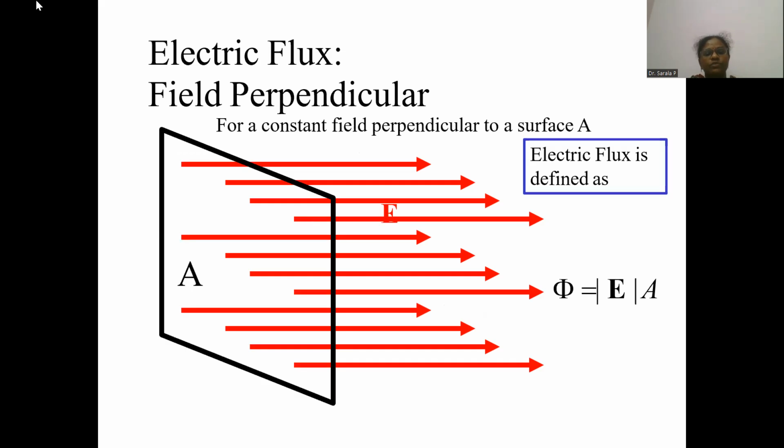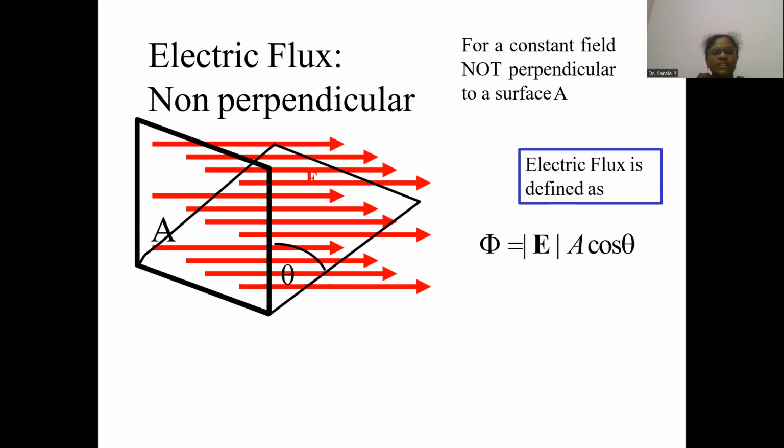Electric flux. So what is electric flux? For a constant field perpendicular to a surface, the electric flux is defined as E into A. That is, field into the area gives the flux lines. Here the electric flux is non-perpendicular.